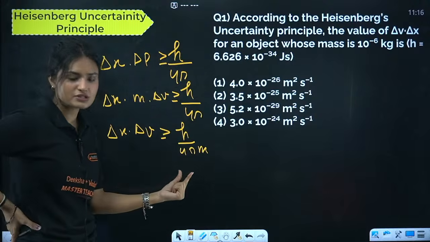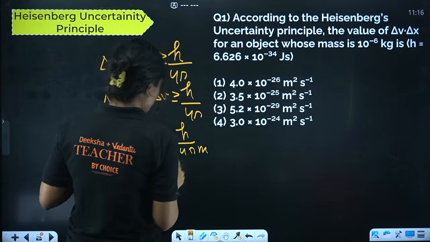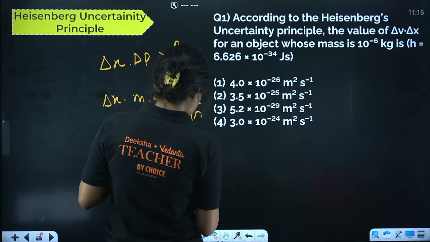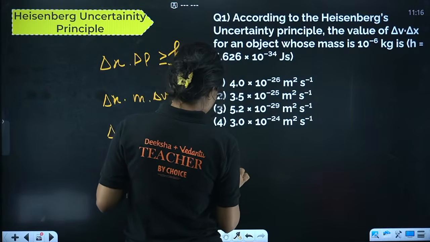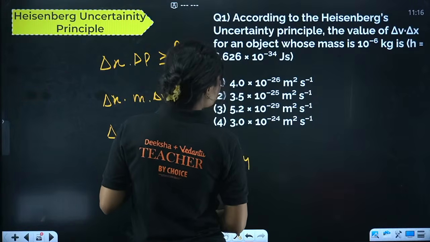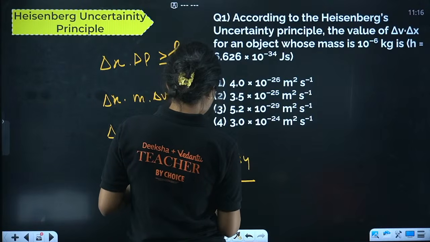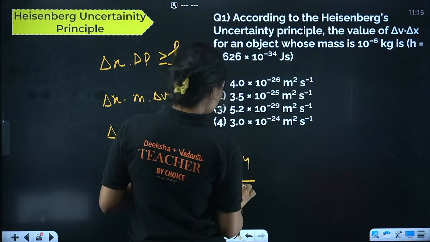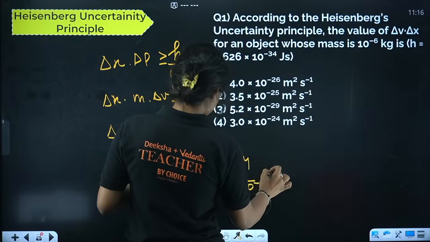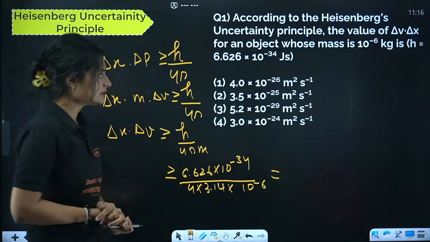All the values are given. So if I put them here, h is 6.626 times 10 raised to power minus 34, the Planck constant, divided by 4 times 3.14 times the mass, 10 raised to power minus 6 kilograms.